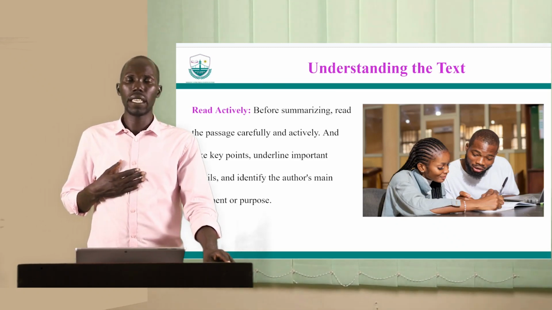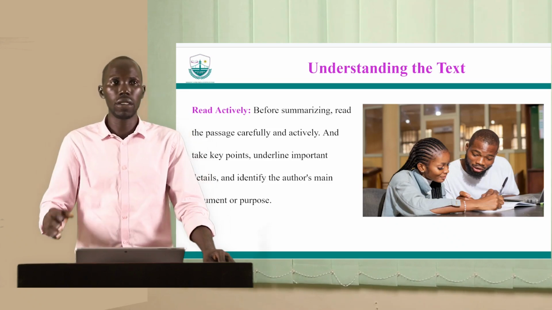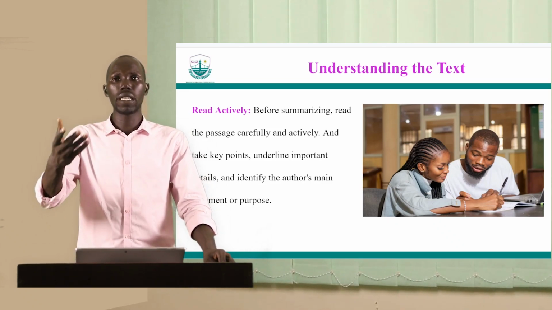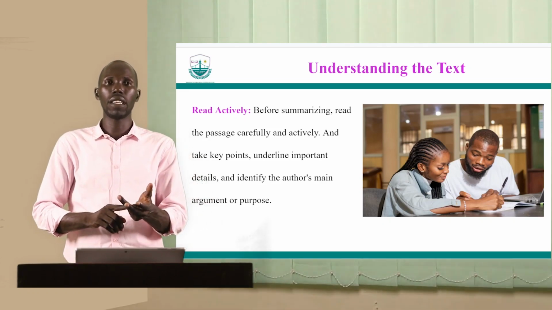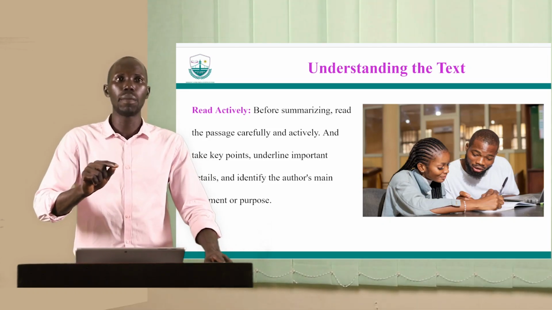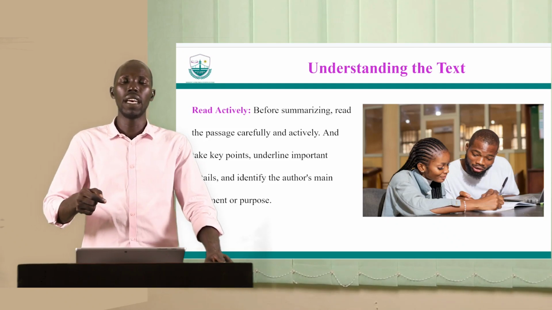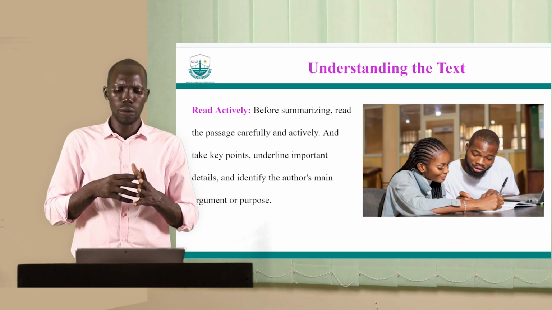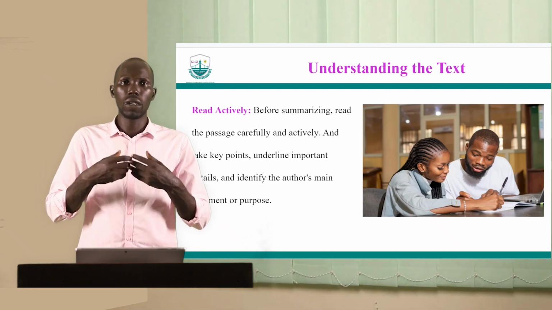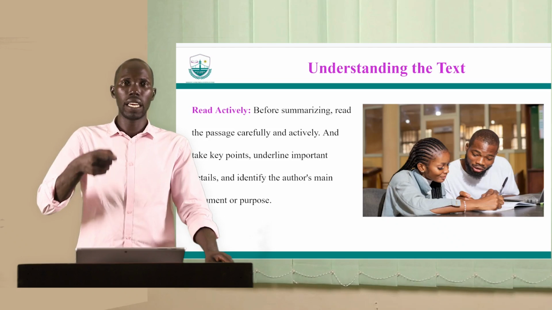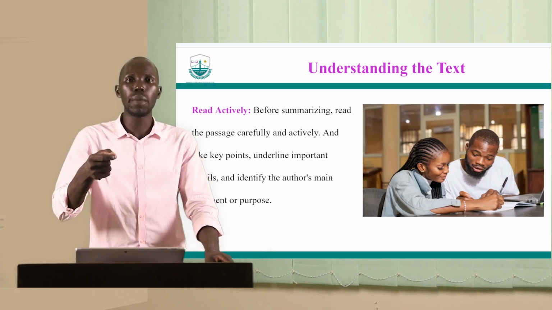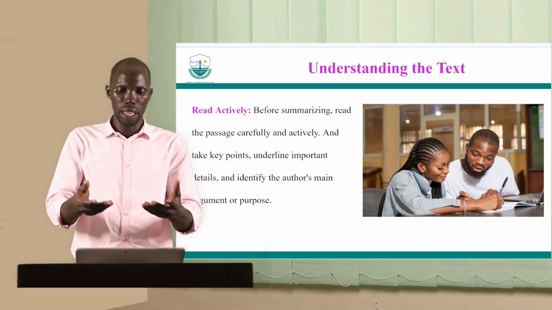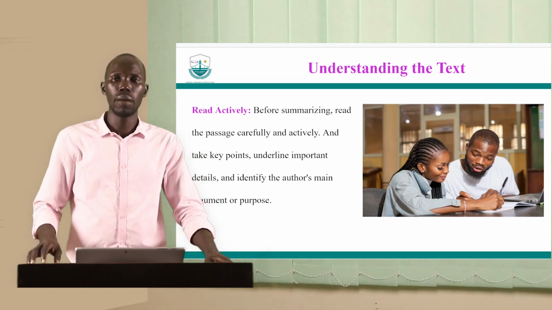If I've written a text focusing on girl-child education and there are points I gave out in my text, assuming you are to read this text, you should read actively in the first place, and then underline the main points that this original text has given. In addition to that, you should find out what is the main idea, what is the main argument that the author is advancing. In addition to the main argument, what purpose does this writing serve? What is intended to be achieved by the kind of writing that the author has presented?